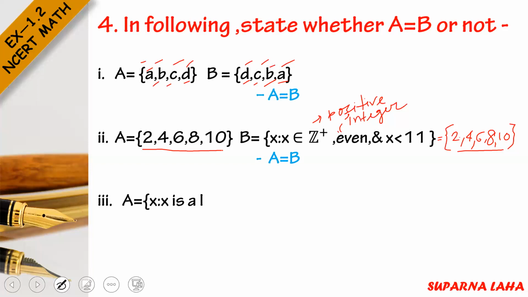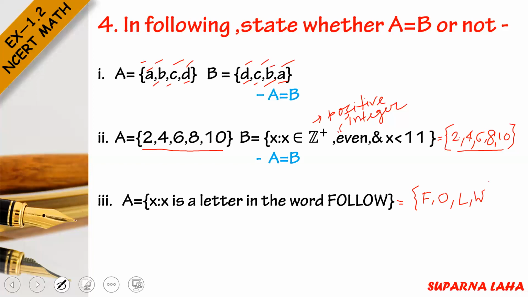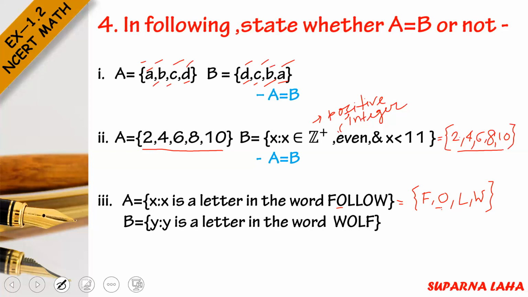Number 3. A is the set of x such that x is a letter of the word FOLLOW. So write down the letters: F, O, L, W. We will not take the repetition; we'll use each once. And B is given as the set of y such that y is a letter of the word WOLF.